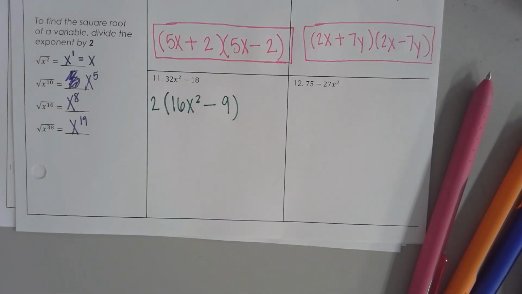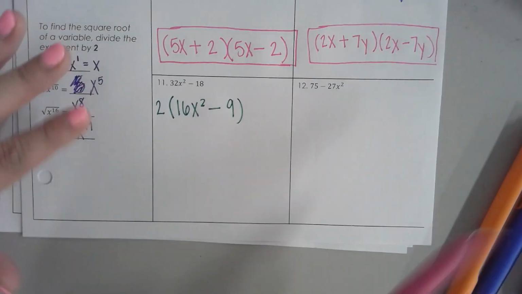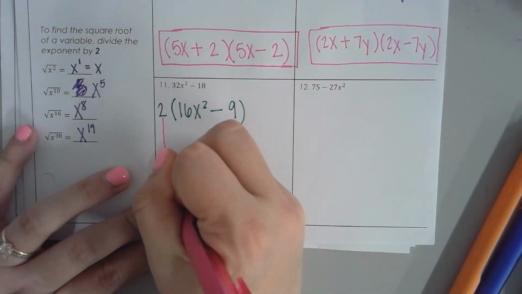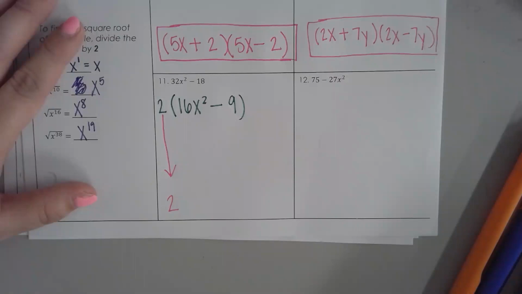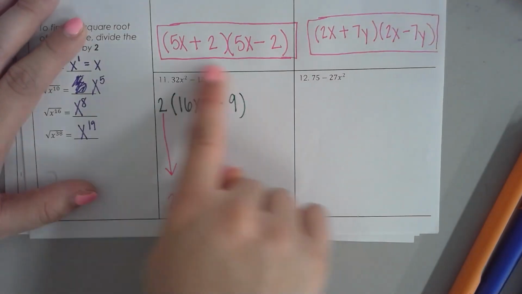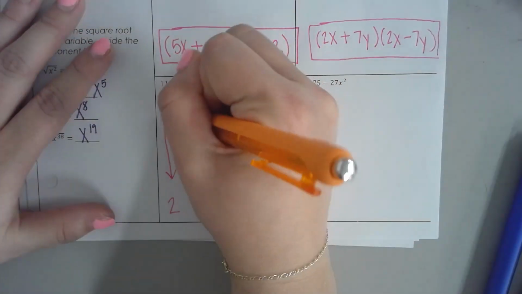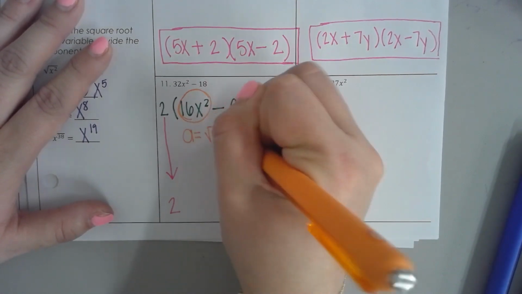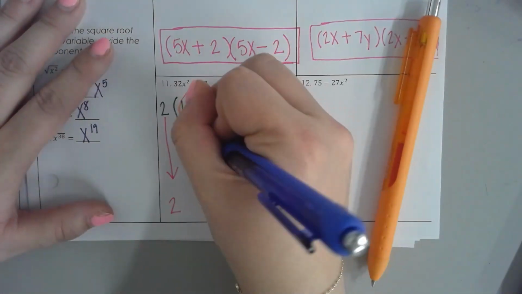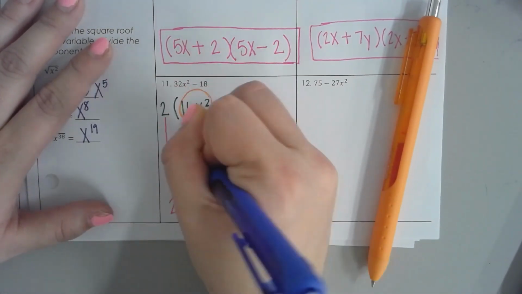When you have a GCF, that number needs to be part of your answer. And so it's smart just to go ahead and pull it down to the bottom so you don't forget it. And then you do the difference of squares with what's left in here. So A is the square root of 16x squared, which is what?